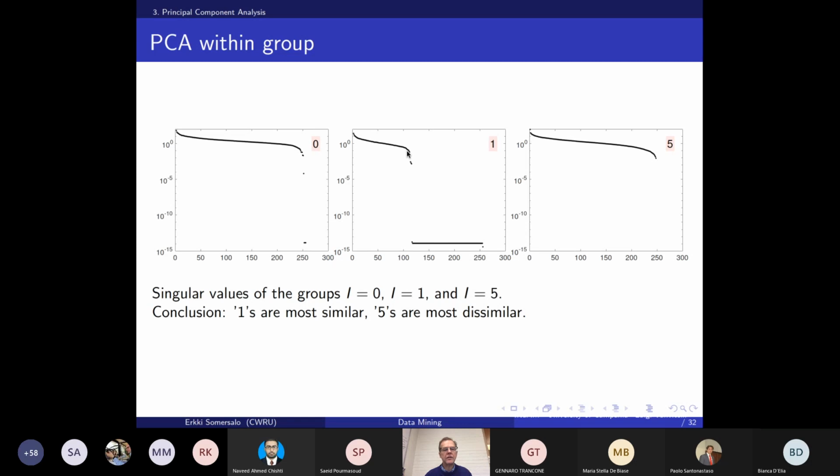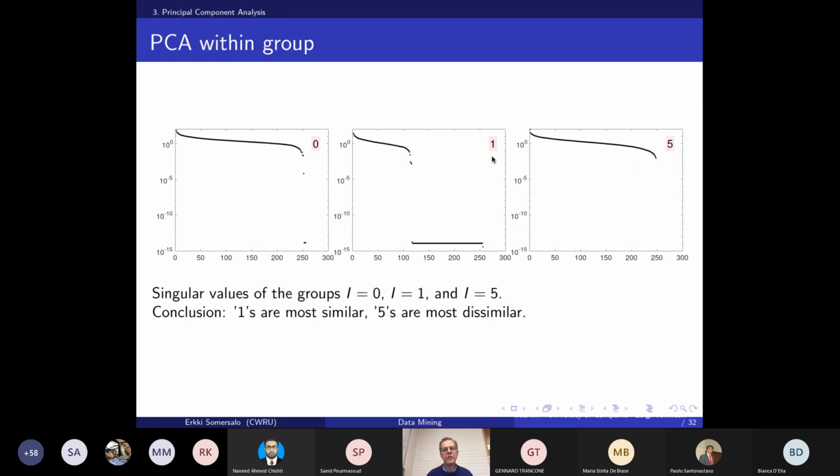Whereas if you look at, let's say, 5s, the 5s are all over. Because handwritten 5s are, from one to another, very different. And so in order to characterize all these handwritten 5s, you need all the dimensions, 256. They are not similar to each other like the ones are.